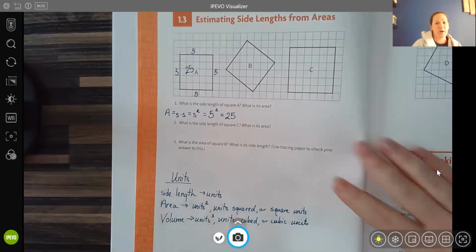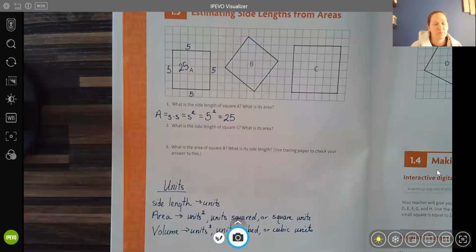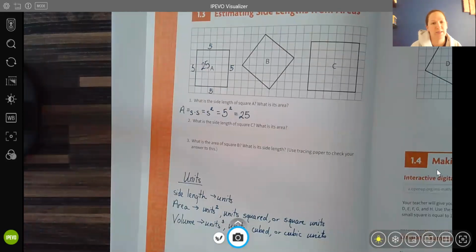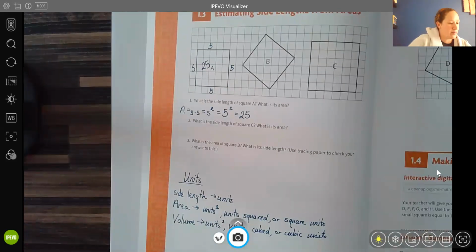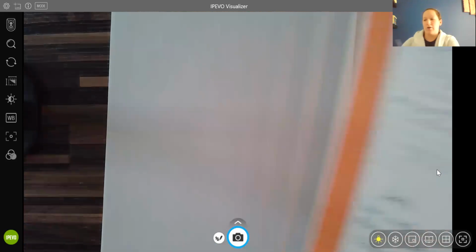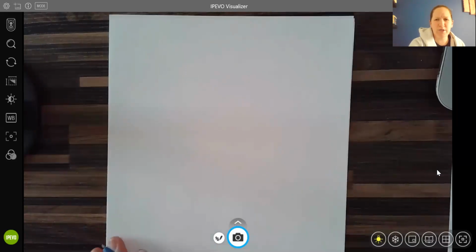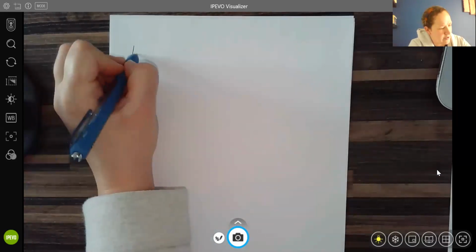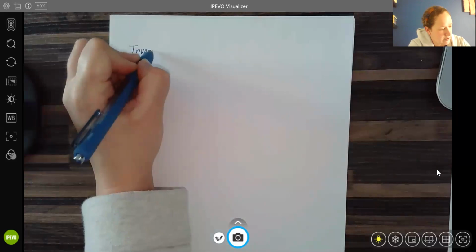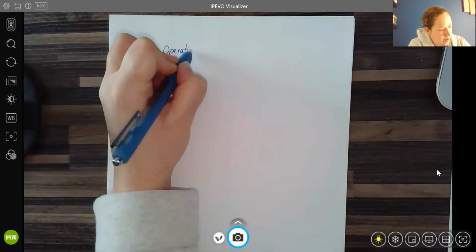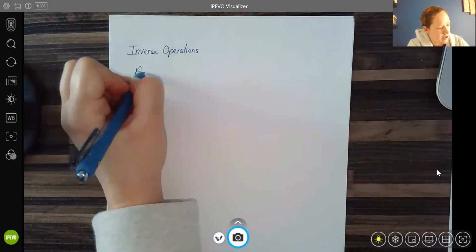Now, from there, we need to think about what is this relationship? Okay, a lot of what we do in math is dealing with relationships between different pieces of information. So I'm going to kind of think of the different relationships we've dealt with so far. We've talked about inverse operations before. Okay, so if I'm thinking about inverse operations, I think about addition and subtraction.